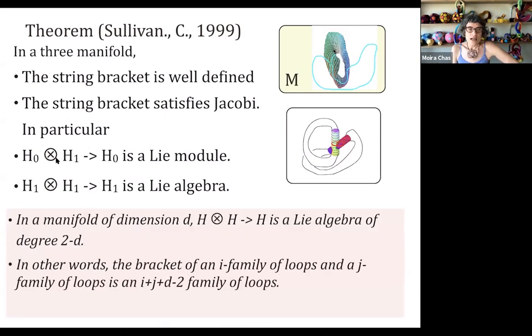And in general, if you have a family of dimension I, and remember a torus is dimension 1, so there's always a confusion because a fiber torus is a one-dimensional family of loops.